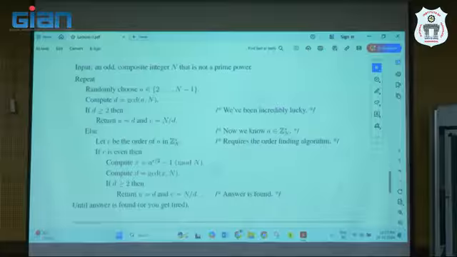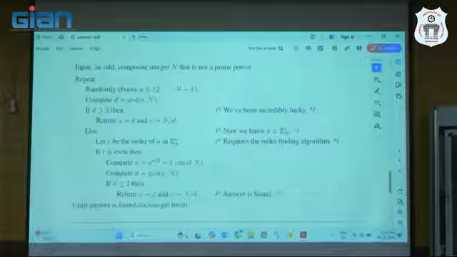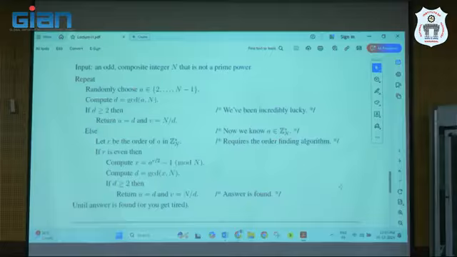Now, if my number n is, I am interested only in finding one factor. If it is even, it is easy, no? 2. So that is out. Interesting case, n is odd. Another thing, if n is a prime power, also it is easy.